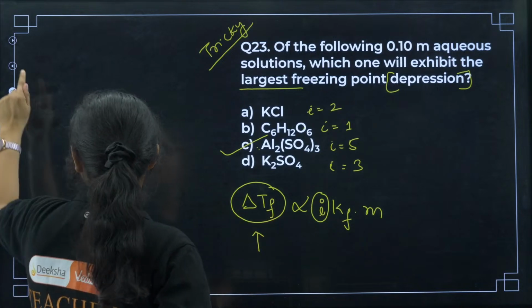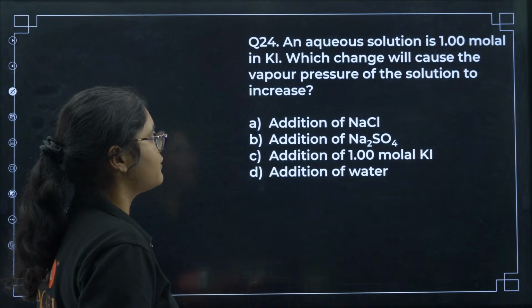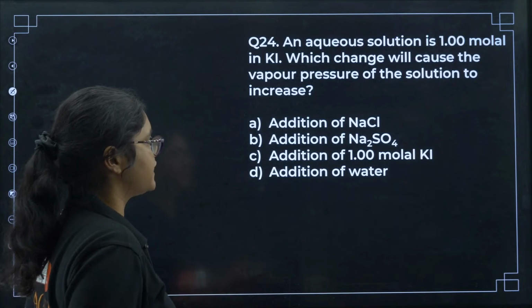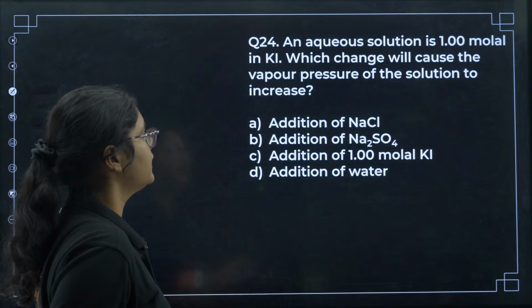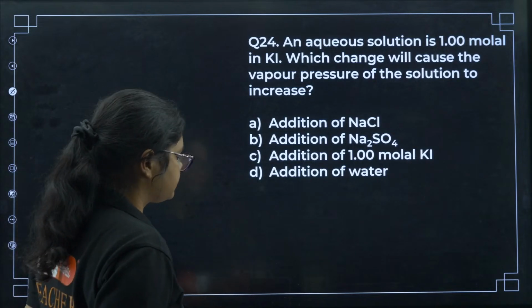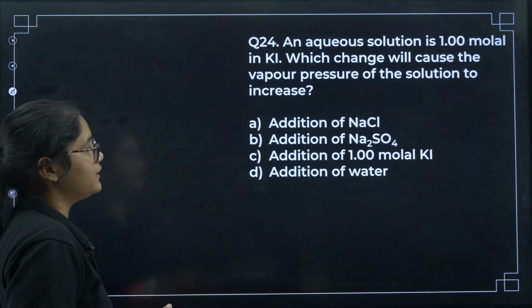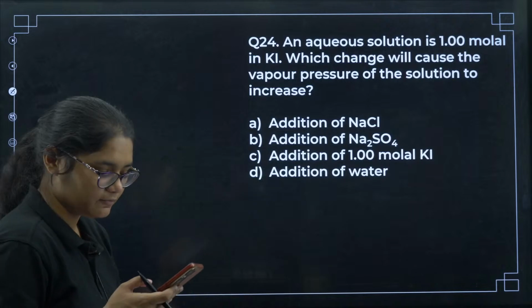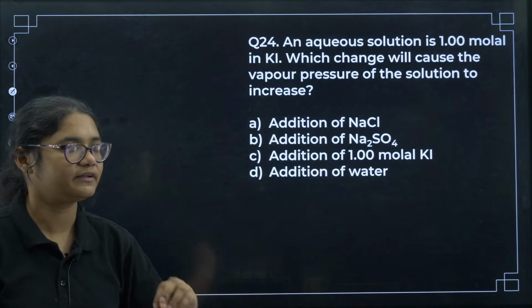Question number 24: an aqueous solution is 1 molar in KI, which change will cause the vapor pressure of the solution to increase? How can we increase the vapor pressure? If we add any solute, the vapor pressure always decreases.